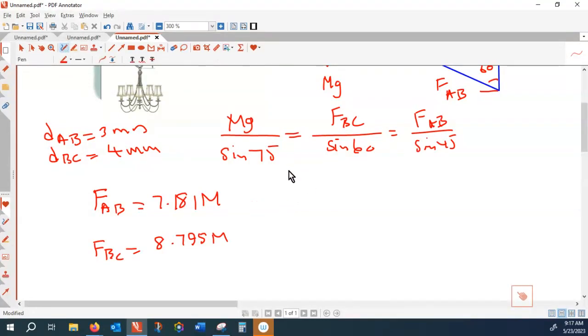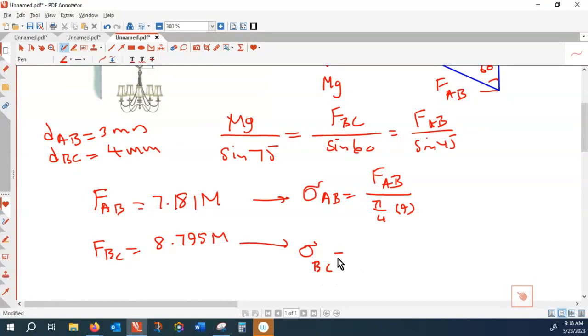So the normal stress inside AB, that is FAB divided by area of the AB. Area of the AB is pi by 4 and 3 squared, which is 9. And what about the normal stress inside BC? That is FBC divided by pi by 4, 16.